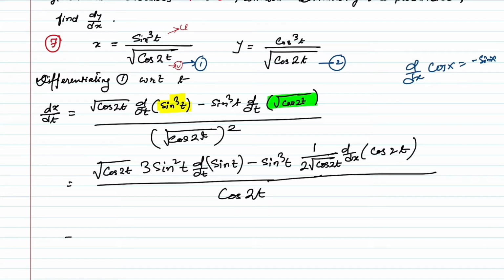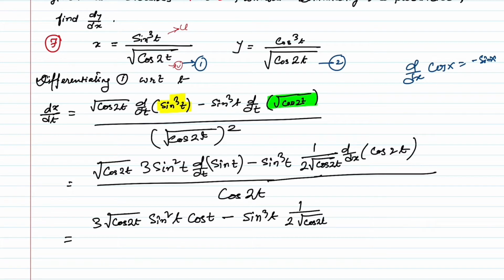So in the next step we will get 3 root cos 2t sine square t, and the derivative of sine t is cos t, minus sine cube t times 1 by, sorry, not 3, 2 root cos twice t, then the derivative of cos twice t, we know the derivative of cos x is minus sin x, so here we will get minus sine twice t, then again you have to differentiate twice t.